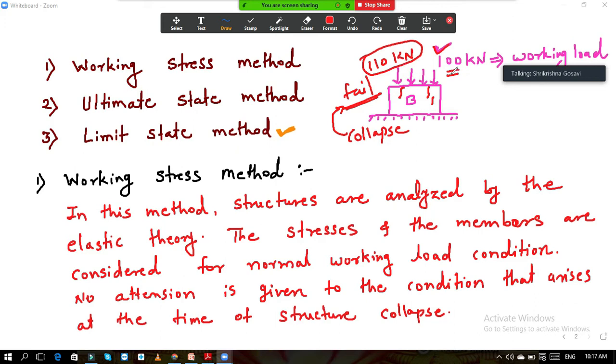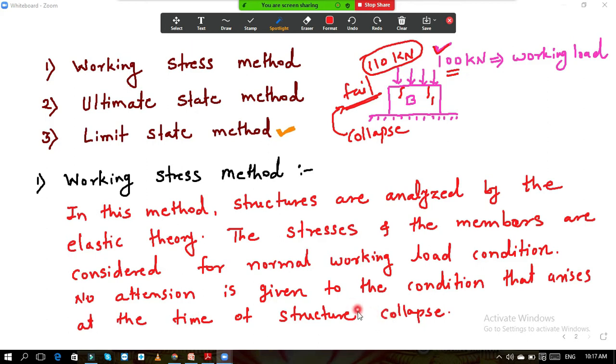If the working load or working stress is increased, then what to do? There is no attention given towards it. So the third point says that no attention is given to the condition that arises at the time when the structure collapses.